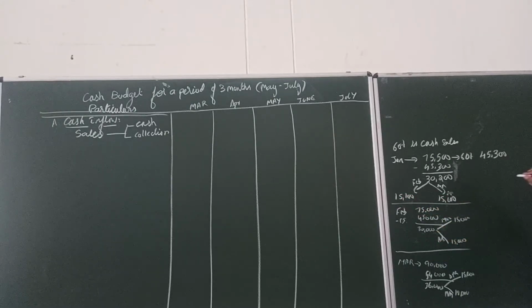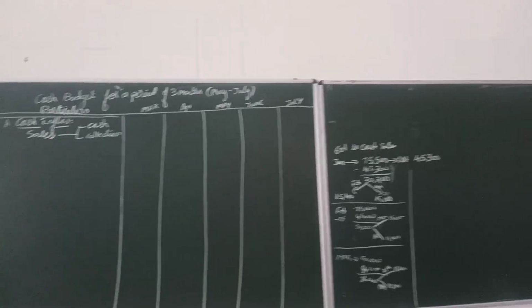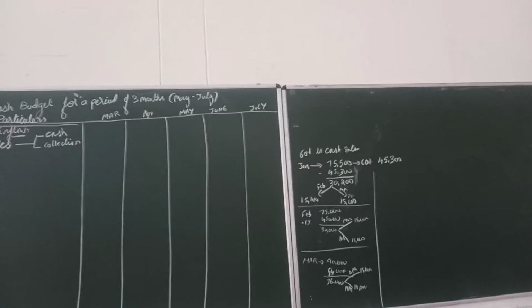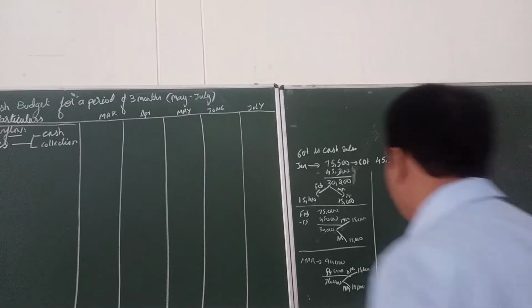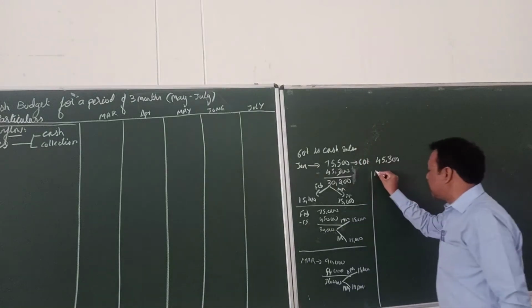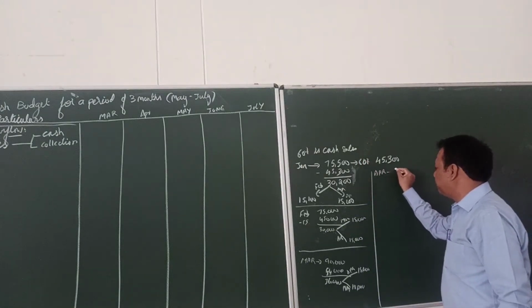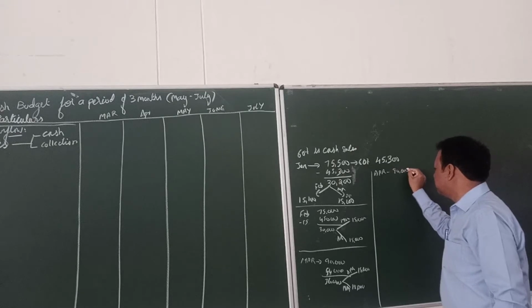So then in the same way we have to calculate for April. So how to do it for April? April, what is sales? 90,000.